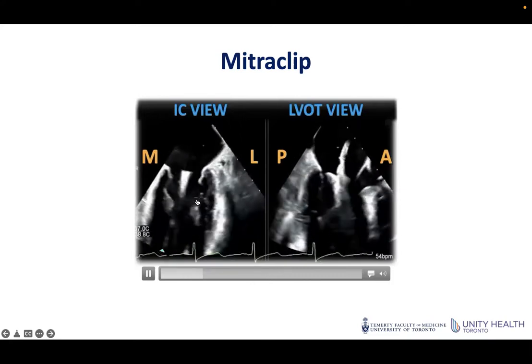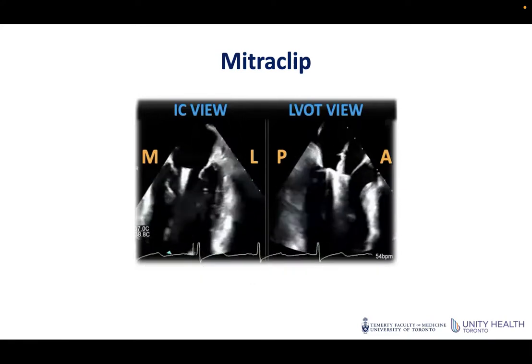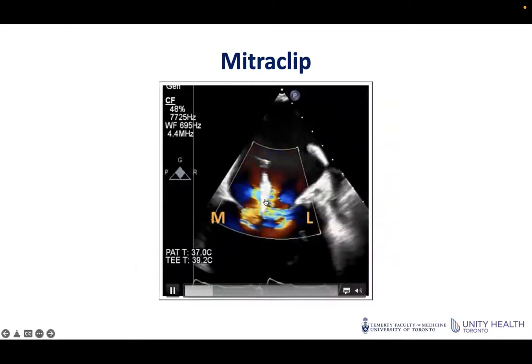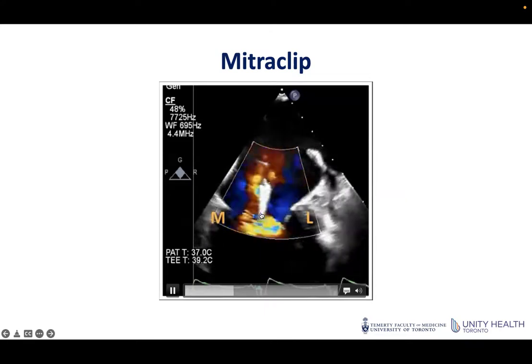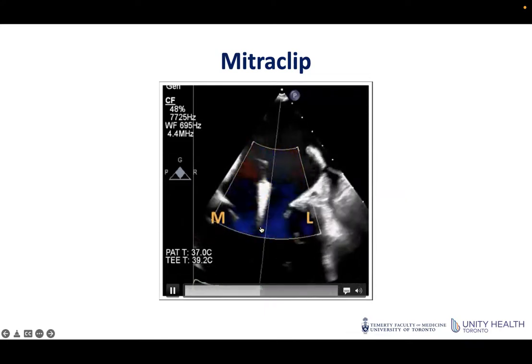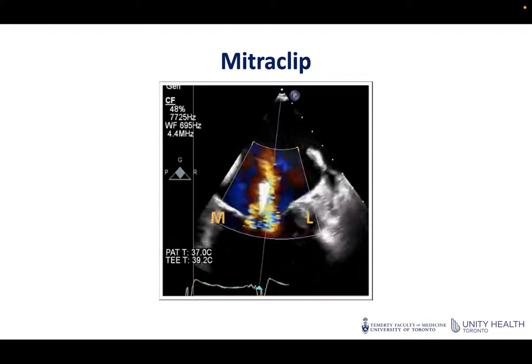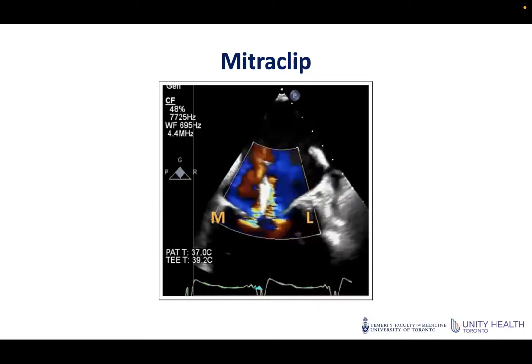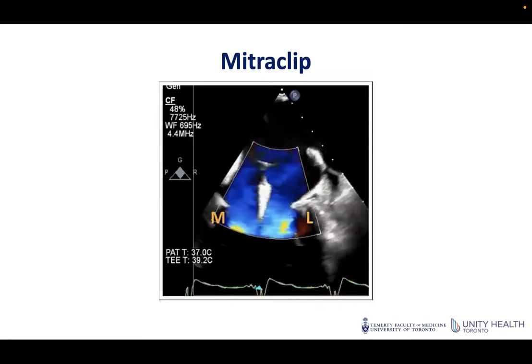And obviously we want to make sure that we are chasing the problem that this patient is presenting. And typically this is demonstrated by the fact that we technically say that we want to split the jet. So if we're able to place the clip in the middle of the jet, we are actually in a good position, because probably the clip will be able to resolve the issue. If the jet is broader, obviously you need to start tackling typically first on the medial side and then moving laterally.